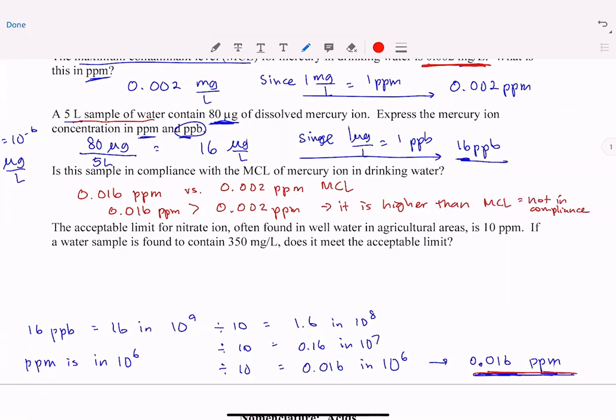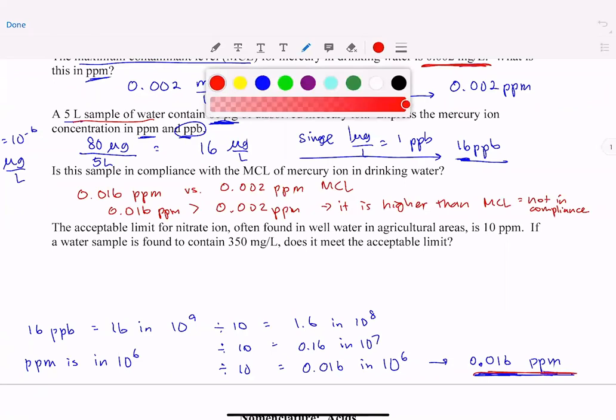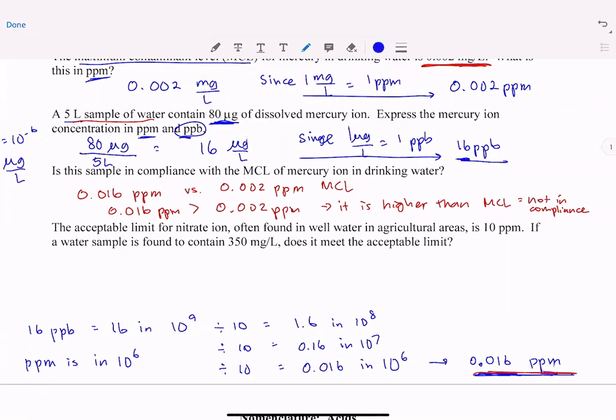Okay, so let's take a look at this next real world problem. The acceptable limit for nitrate ion, often found in well water in agricultural areas, is 10 parts per million. If a water sample is found to contain 350 milligrams per liter, does it meet the acceptable limit? So in order to compare these, you need both of these in the same units.